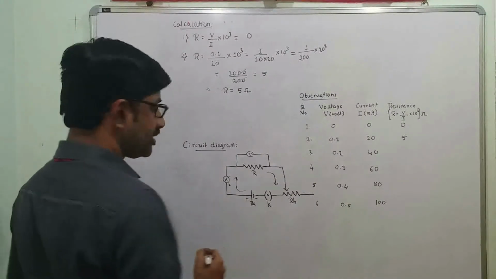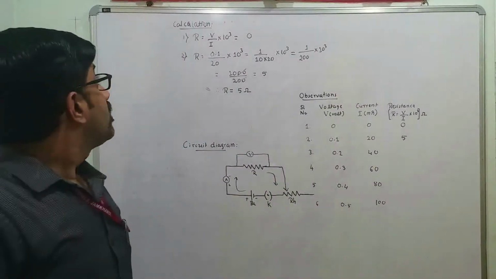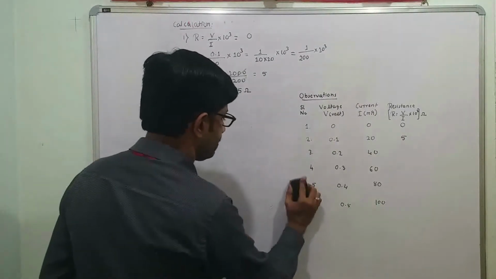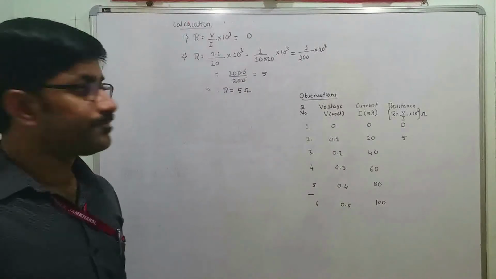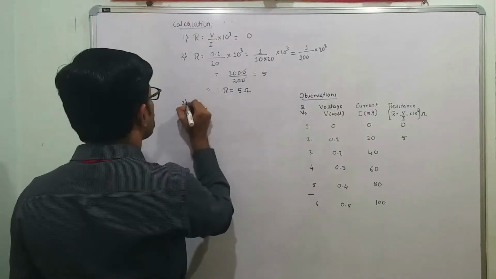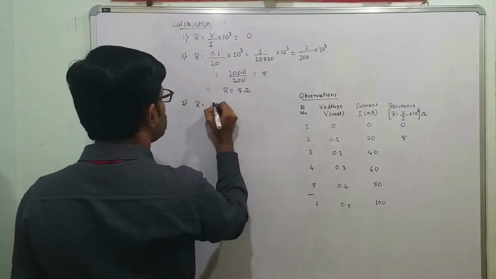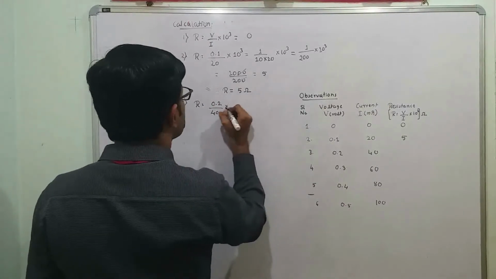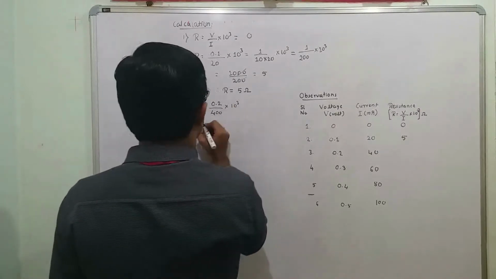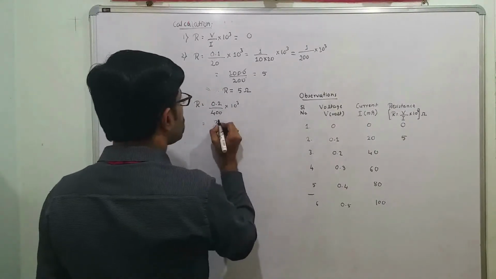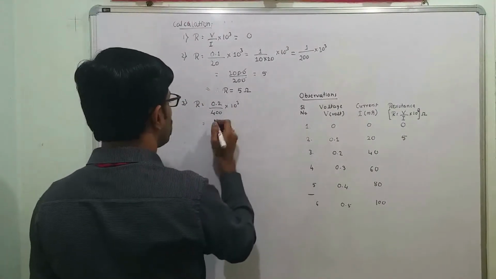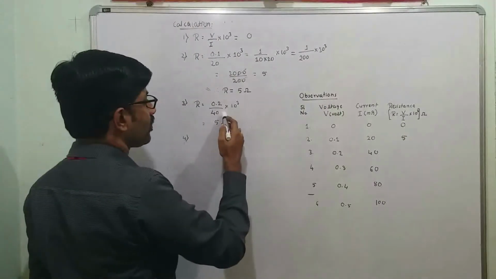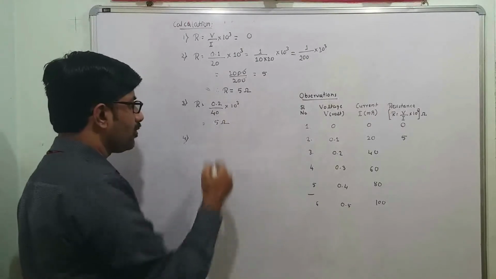Now let's go for reading number 3. R is equal to 0.2 divided by 40 into 10 to the power 3, and if you solve that you are left with 5 ohm.